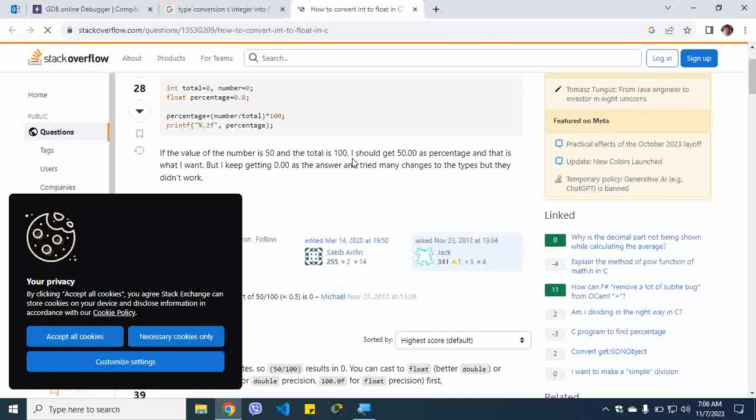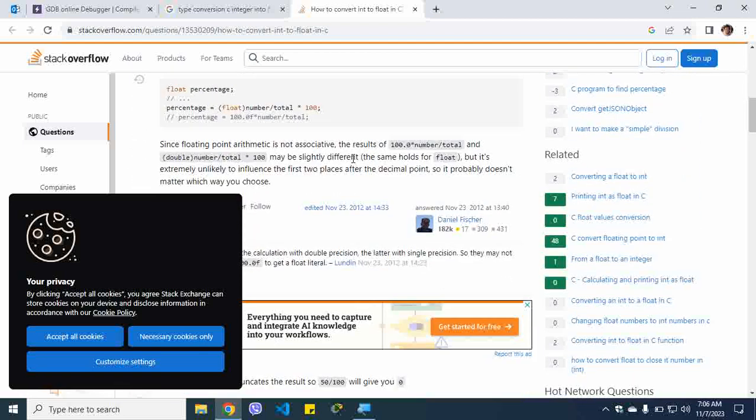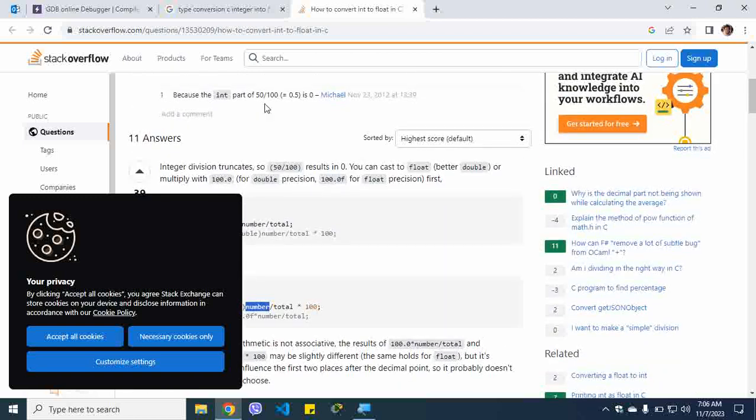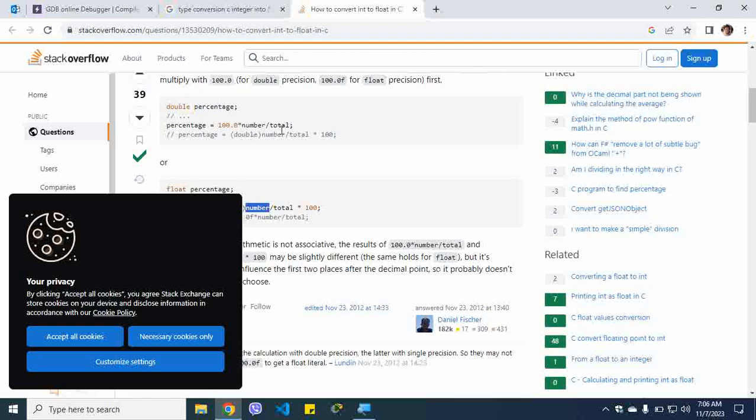How to convert float into integer? Here we should write float before that, I told you, isn't it? Because this number is going to give us a number. What is the number? Number is not given, only total.